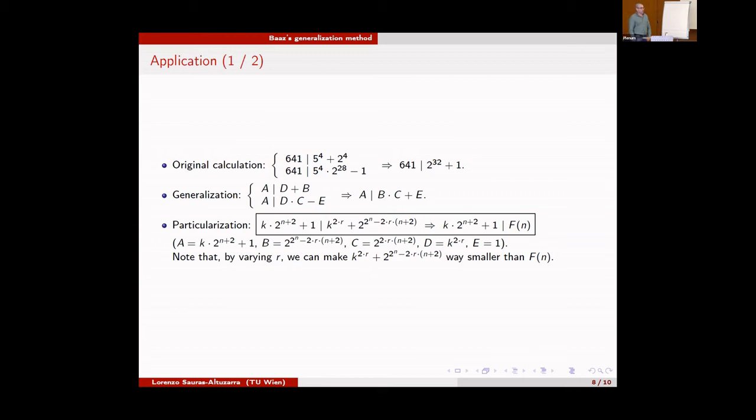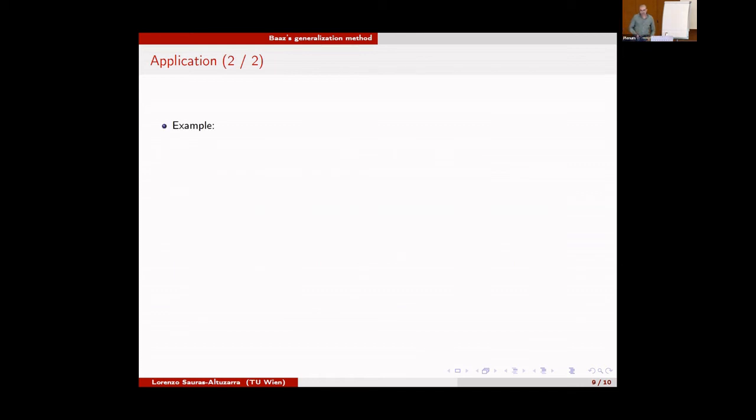And apart from its theoretical interest, this is also computationally interesting, because by varying R, you can make the number to analyze significantly smaller than the nth Fermat number. So here I give a concrete example in the case n equals 6.